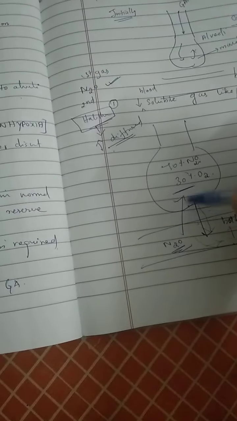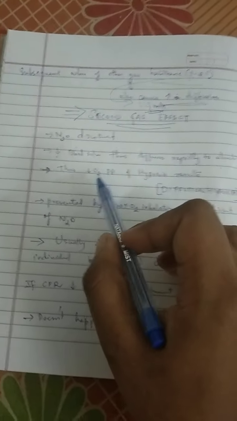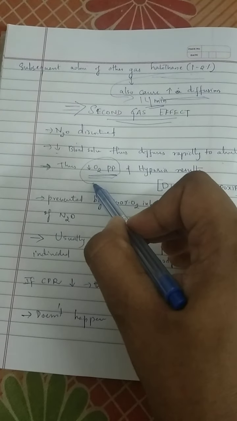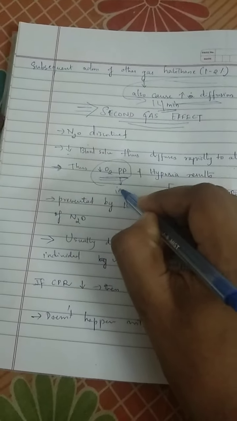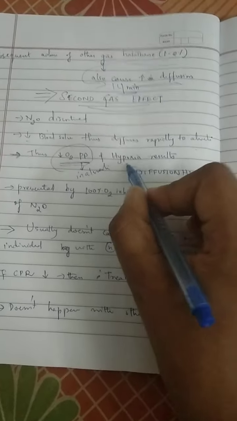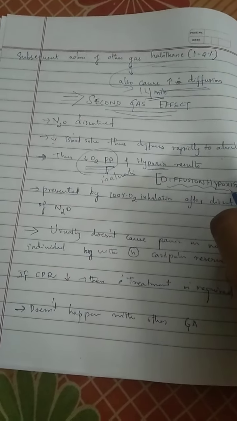So from blood it diffuses back to the alveoli. Thus O2 partial pressure is decreased in the alveoli, right? So hypoxia will result. That is called diffusion hypoxia.